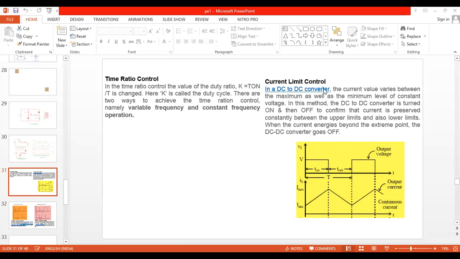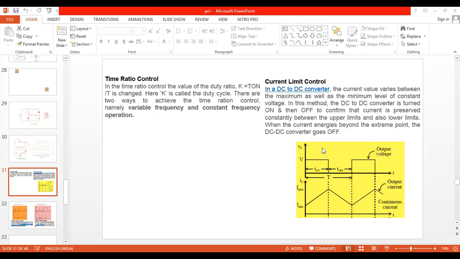And what is current limit control? In current limit control, we change the speed of the motor based upon the value of the current, the minimum value of the current and maximum value of the current. So this is what is mentioned here actually. Current value varies between maximum and minimum. This method turns the DC converter on and off.